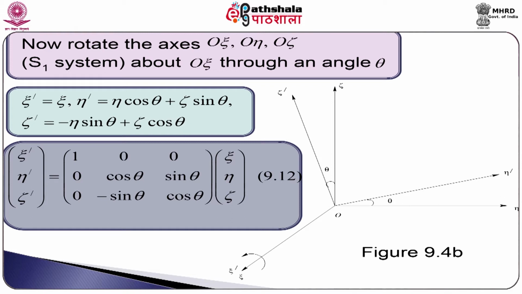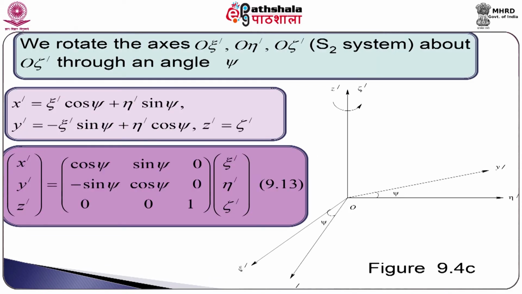Now we rotate the axes O xi dash, O eta dash, O zeta dash, which are axes of the S2 system, about O zeta dash through an angle psi to obtain a new coordinate system, O x dash, O y dash, O z dash, axes of the S3 system, keeping O zeta dash fixed.